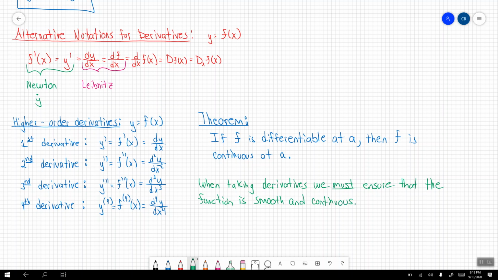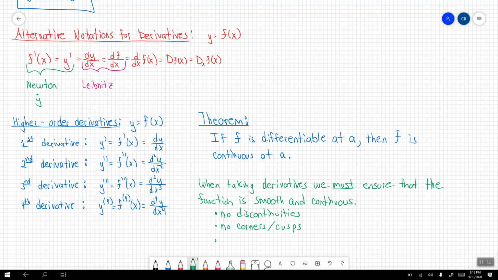Now, what does this whole concept of smooth and continuous imply? Well, we have to make sure that there are no discontinuities. So no discontinuities is number one. No corners. We want to make sure that we have no corners or cusps.